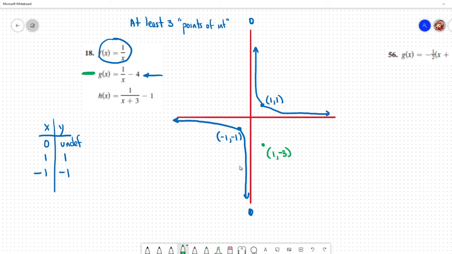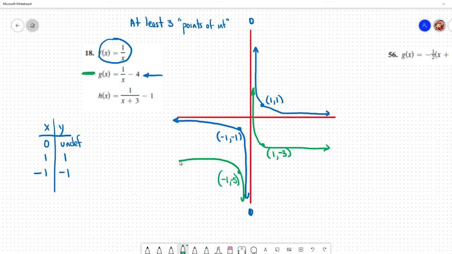Well, put it at -1. Okay, so this is just a vertical shift. It just moves the graph down. So I know that the shape of the graph is going to be the same.